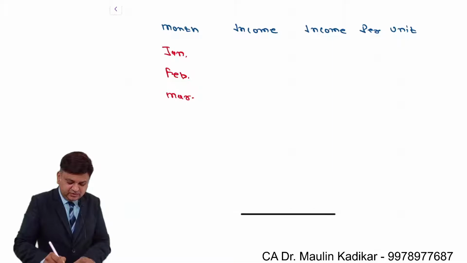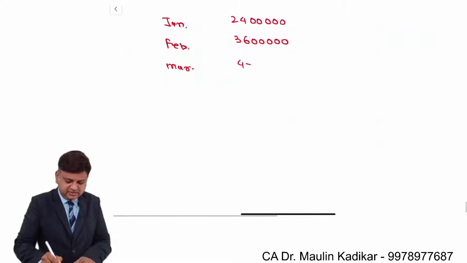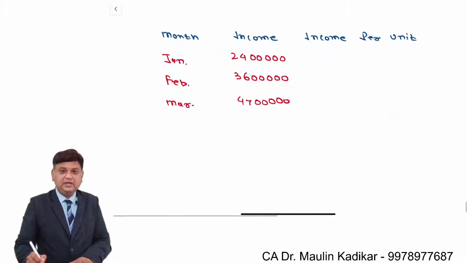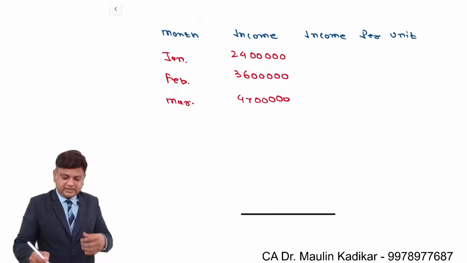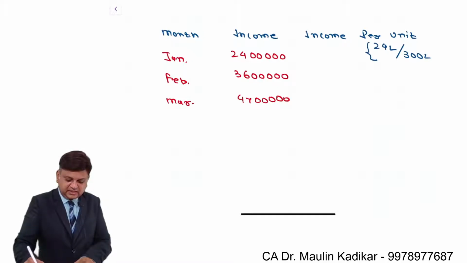January income is 24 lakhs. February income is 36 lakhs. And March income is 47 lakhs. Income per unit, we can compute like this. It is 24 lakhs upon 300 lakhs, that comes to 8 paise.